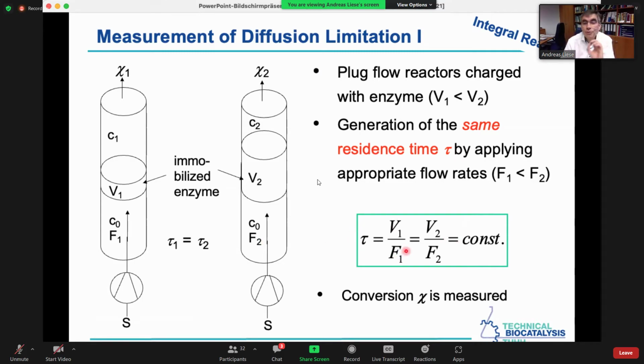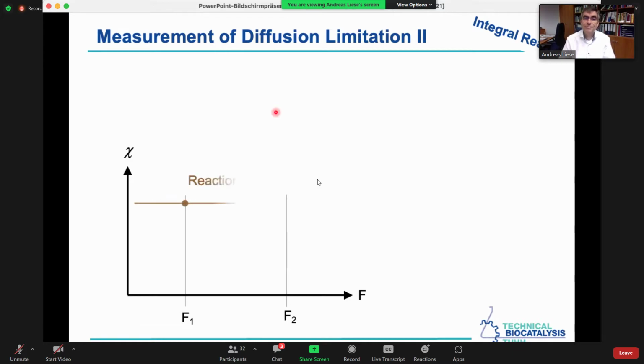If we do not observe any diffusion limitation, since we have the same residence time in both reactors, ideally we should have the same conversion, because the available amount of catalytic activity will deliver the same conversion. Therefore, if we plot this, that's a reaction control. So the flux change at the same residence time will not have an effect on the conversion.